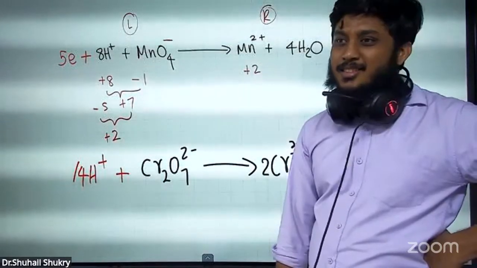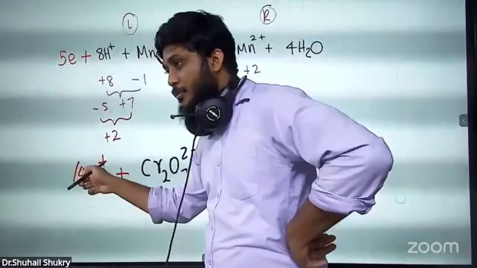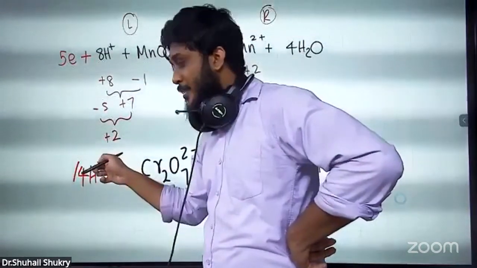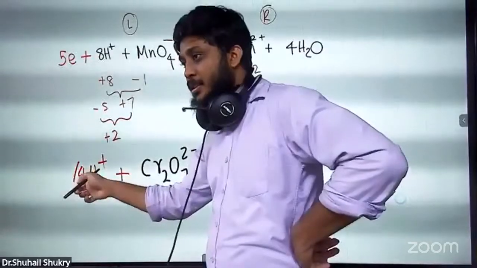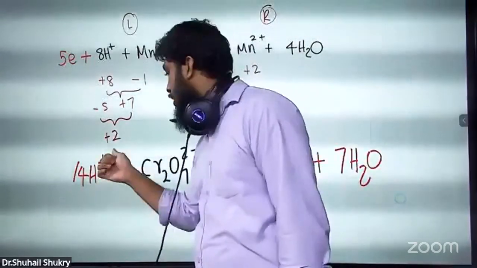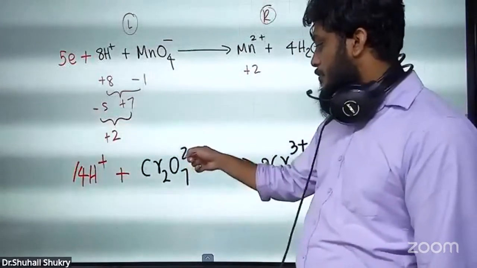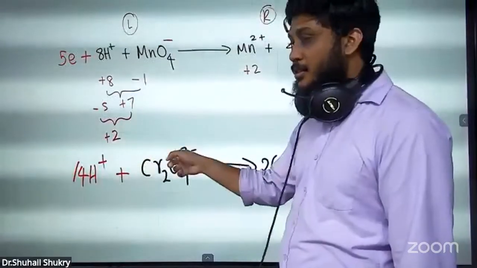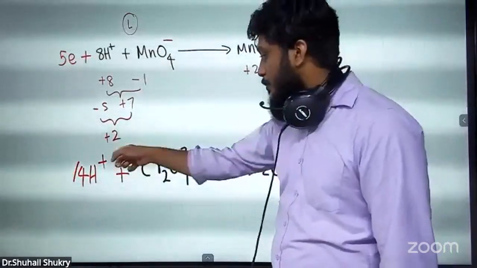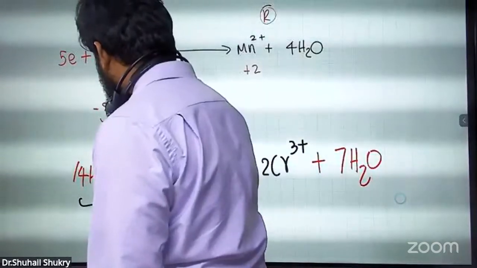Plus 12. 14 H plus are there. It means 14 plus charges, and how many minus charges? Only 2 minus. So 2 minus and plus 14 is how much? This side charge is plus 12.